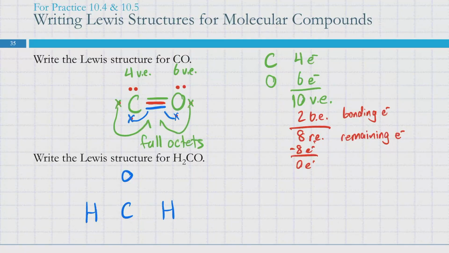Counting up our electrons, carbon 4, oxygen 6, 2 hydrogens means 2 times 1 electron, 2. So we've got 12 valence electrons.